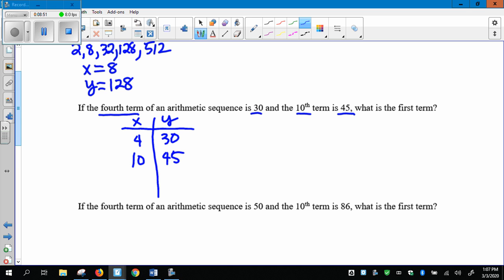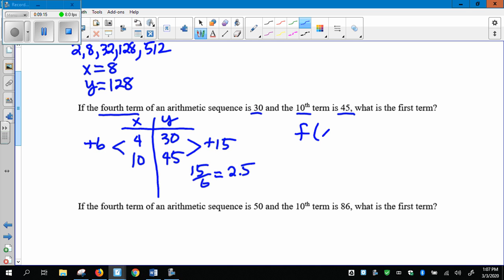So I can look at this, and actually we can see that we're going up 15 here as x goes up by 6. So that means if I do 15 divided by 6, I'm going up 2.5 for each one. So 2.5 is the amount I'm adding every time.